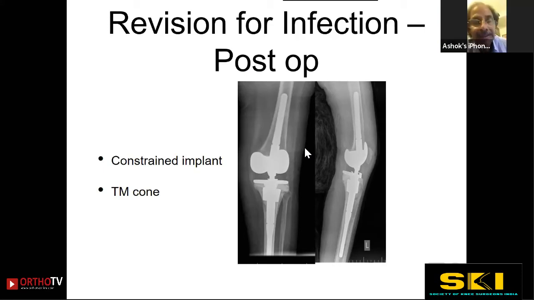Okay, so there are three anatomical landmarks, Sachin. The first is the medial epicondyle. It is rare to have destruction of both the epicondyles, so usually one or both of the epicondyles will remain intact. So that's your index. You want to place your joint line about 2.5 to 2.6 centimeters distal to the transepicondylar line. The second landmark is the position of your patella in relation to your femoral component.